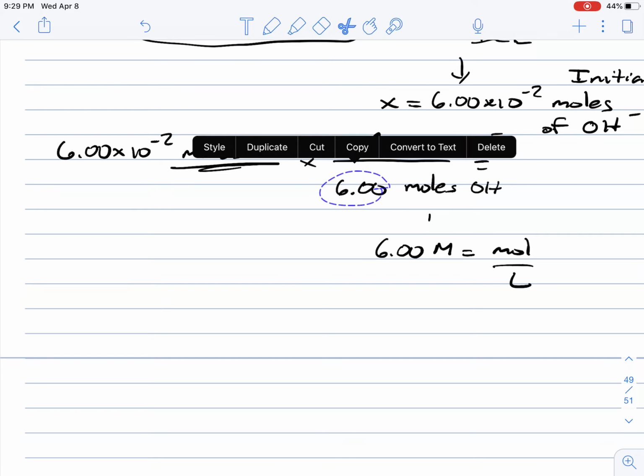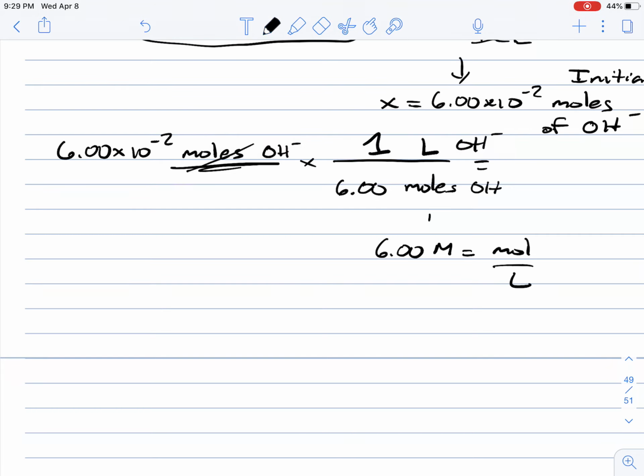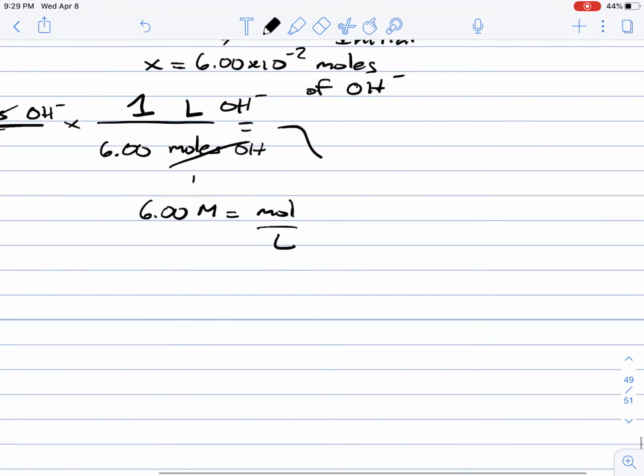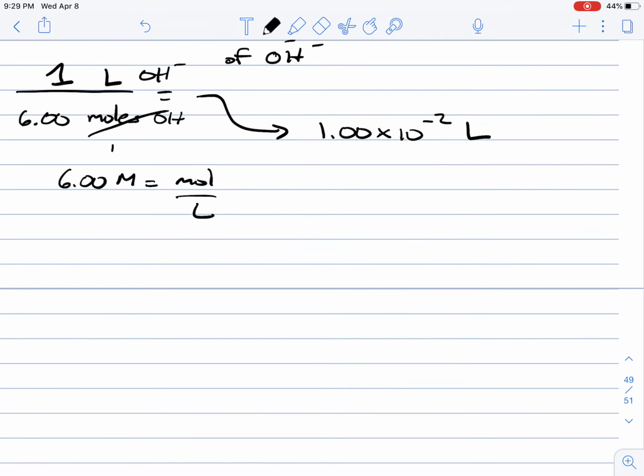Okay. So now that our units cancel, we can multiply across. And the answer that we get is going to be 1.00 times 10 to the negative 2. And the unit is liters.